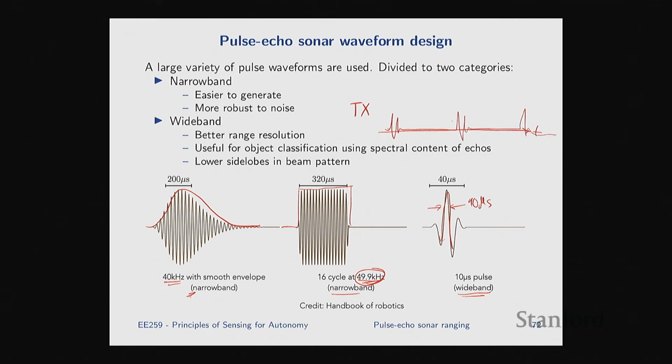When it's silent, that's where the receiver is collecting echoes. And when all the echoes are basically back, then you send another one. So there's some periodicity to the transmit, but most of the time you're not transmitting anything. That's how pulse echo works.